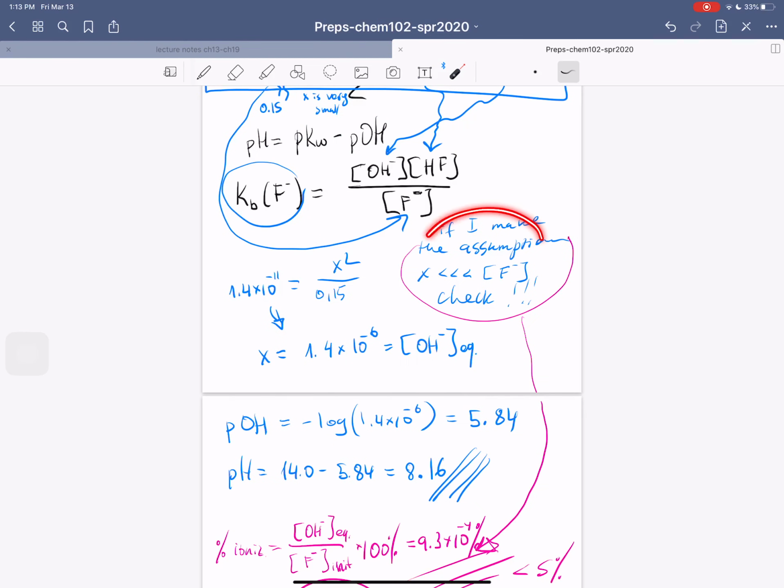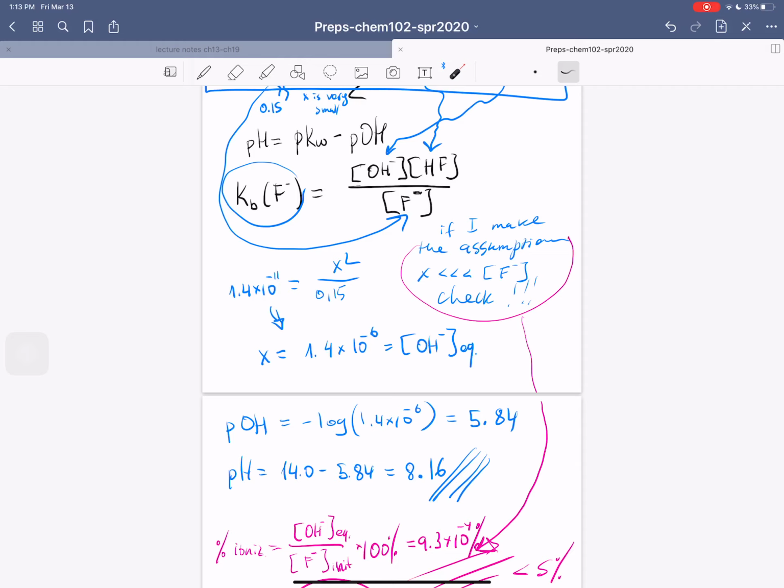And when we made this assumption, it allowed us to eliminate solving the quadratic equation. So we solved for x, we found the equilibrium concentration of OH minus, we calculated the pOH, and knowing this, we could calculate the pH. The pH of this solution is 8.16, of this concentration.